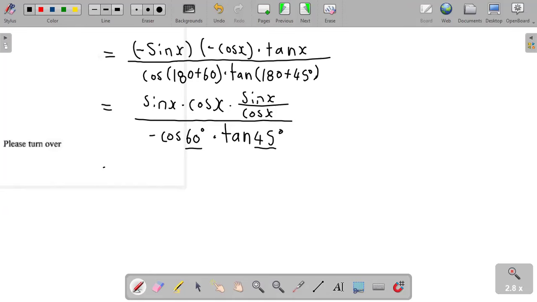And then at the top, we have sin squared x, and we'll cancel the cos. Divided by cos 60, which is negative 1 over 2, multiplied by 1. So at the end of the day, our final answer here is going to be negative 2 sin squared x.